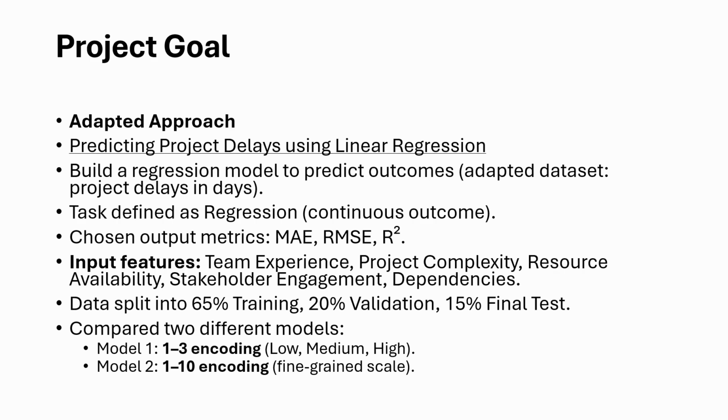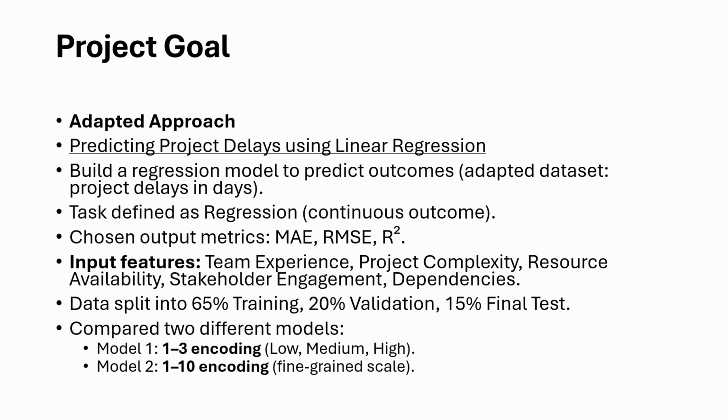Of the performance metrics I mentioned earlier, I picked 3: MAE, which basically tells me on average how many days my predictions are off; MSE, which punishes the bigger mistakes more heavily; and R squared, which shows me how much of the variation the model explains from the data.